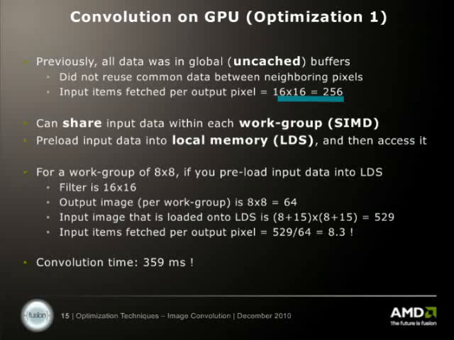So what we'll do is share the input data within each work group, right? Now this is important. We can only share data within a work group. That is what OpenCL says: when you use __local, that particular pointer is shared inside a work group. And why does OpenCL force you to do that?